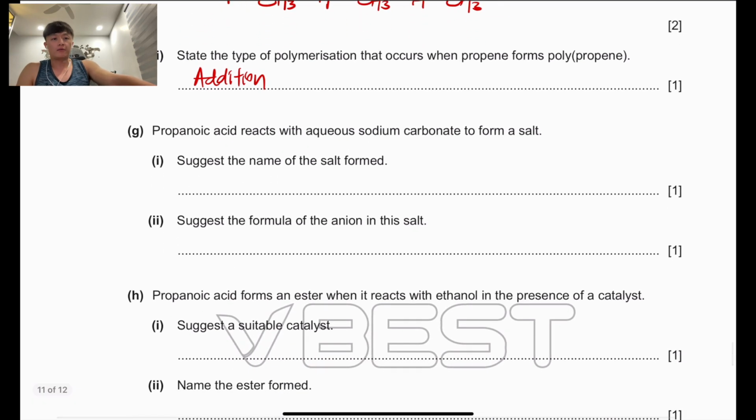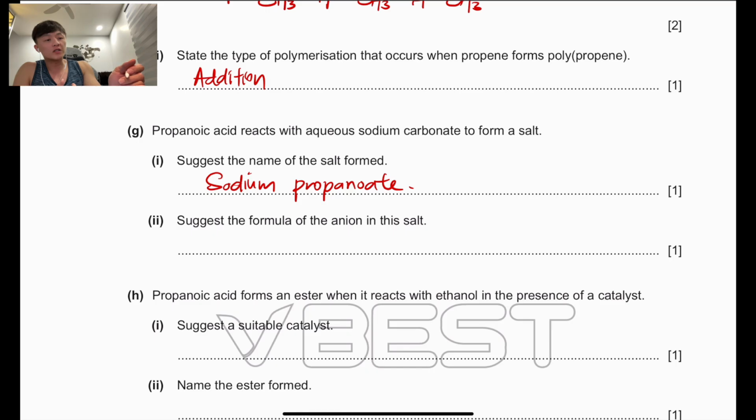See, propanoic acid reacts with sodium carbonate to form a salt, an acid-alkali reaction. So name the salt produced. It will be sodium propanoate. And what is the formula of the anion, which is the negative ion?